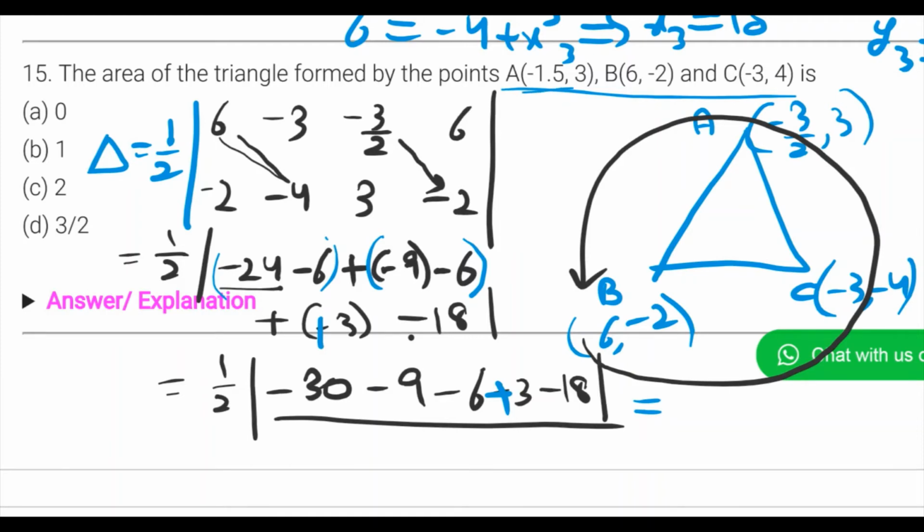So we're getting minus 39, minus 39 minus 6 is minus 45, minus 42, minus 42 plus 18 is 60. 60 by 2 equals 30. So 30 square units is the area of the triangle.